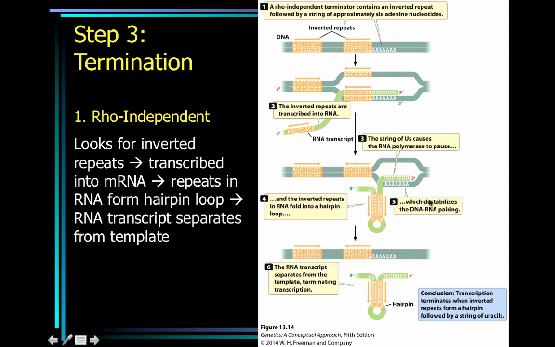RNA polymerase is going to pause, destabilizing the RNA and DNA pairing. Then the inverted repeats are going to fold into a hairpin loop, and the RNA transcript is then going to separate from the template, terminating transcription. So at the end of this process, transcription is going to terminate when the inverted repeats form the hairpin loop, followed by a string of uracils. All right, so that's Rho-independent.